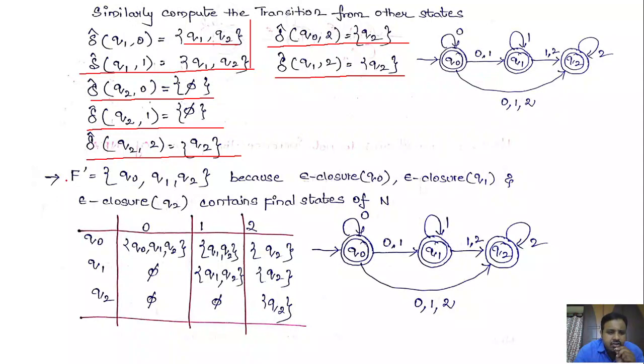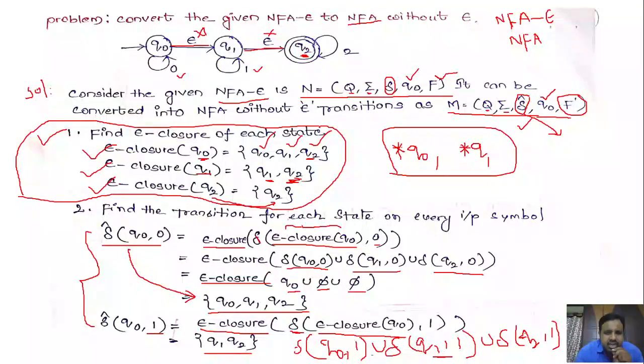So what is F dash? First thing, what is the final state in the given problem? q2. So if the epsilon closure of a state contains q2, mark that as a final state. So q0 epsilon closure has q2, then q1 epsilon closure has q2, and q2 epsilon closure has q2.